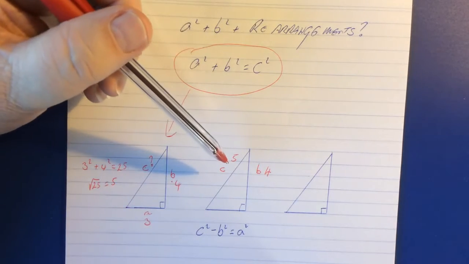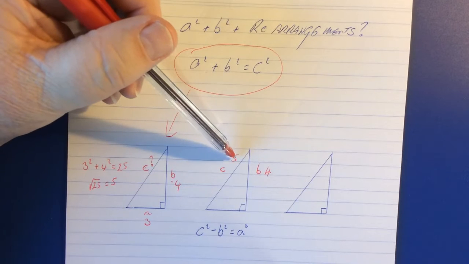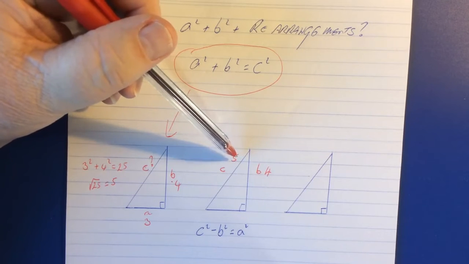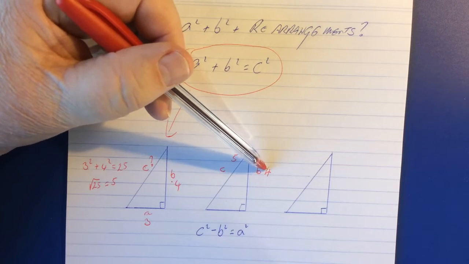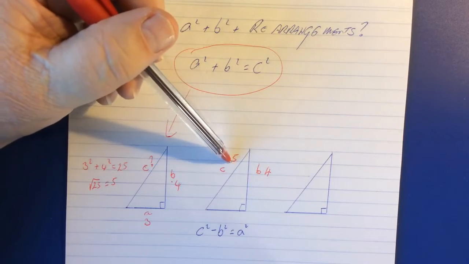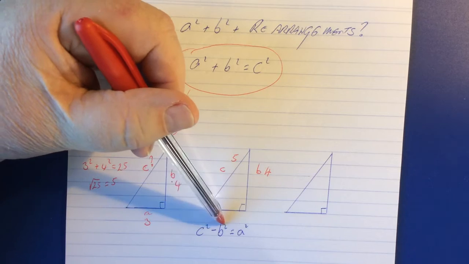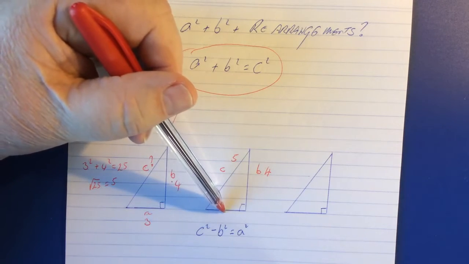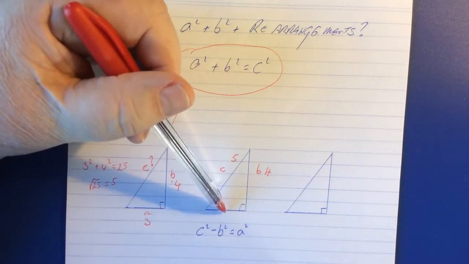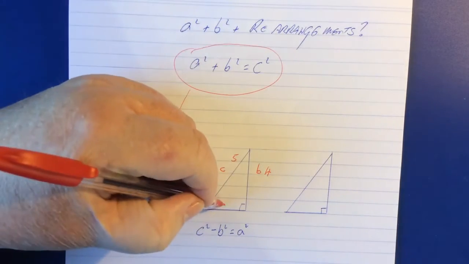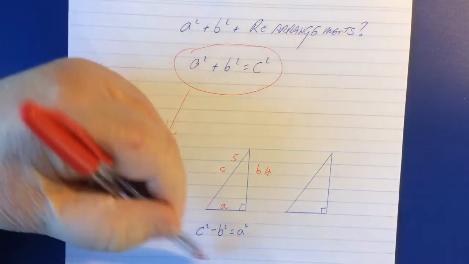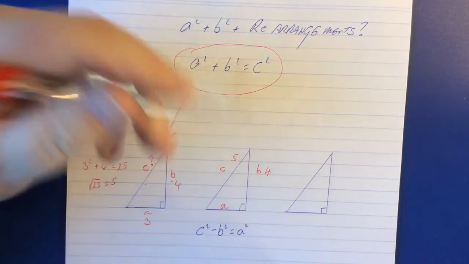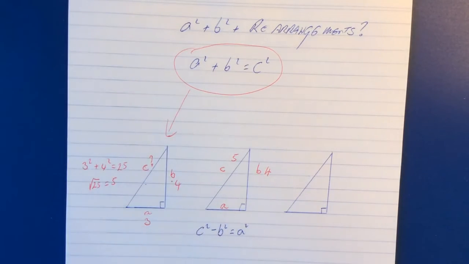So logic would suggest that if we had the long side, we could square it, square the side we know, subtract that, so c squared minus b squared, and we would get a squared. And that is why when you are looking for a, which you don't know, the formula changes to this.